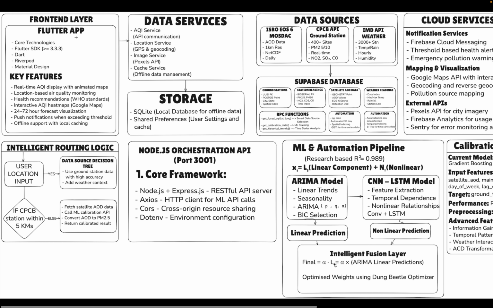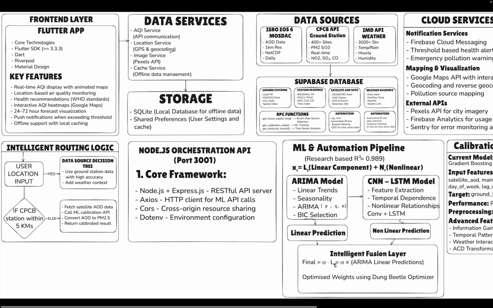Now, for the data services part, we are using Pexels API for showing a visual representation of how a city looks like, and we are using multiple APIs of Google Cloud Platform, which is Places API for having a proper searching functionality for places, so that the user doesn't have to use coordinates for searching for any location.